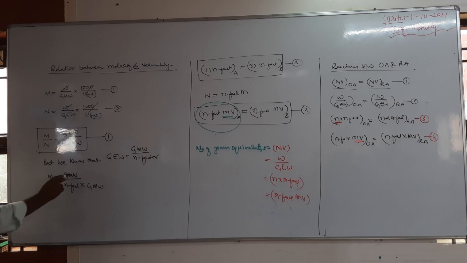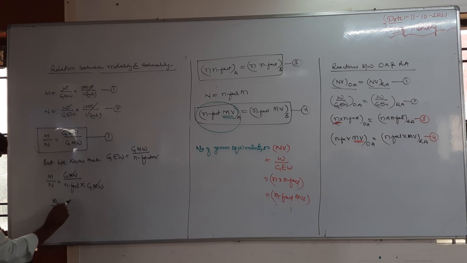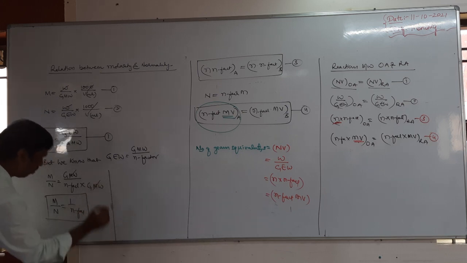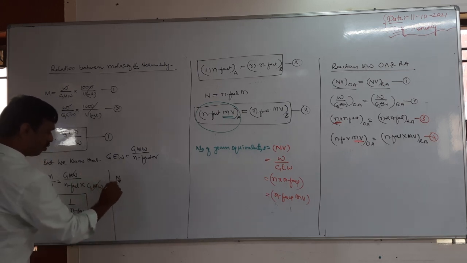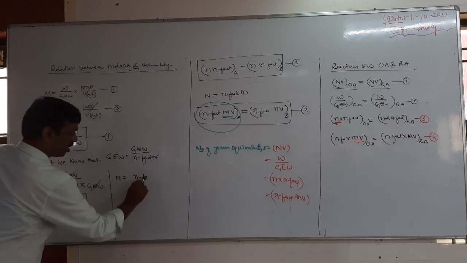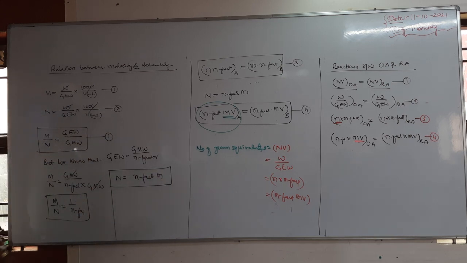So molarity by normality is equal to 1 by n factor. So now I want normality equal to n factor into molarity. Have you written the same?